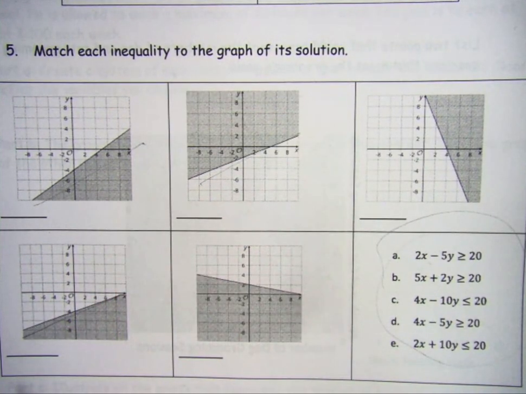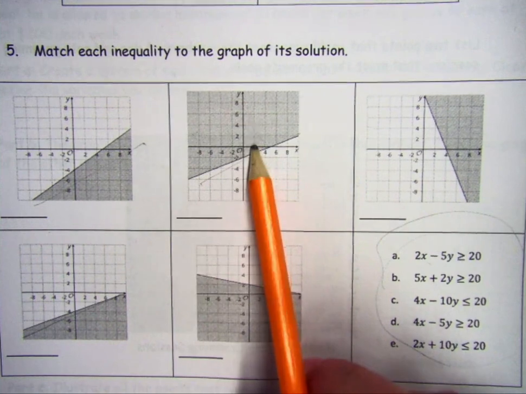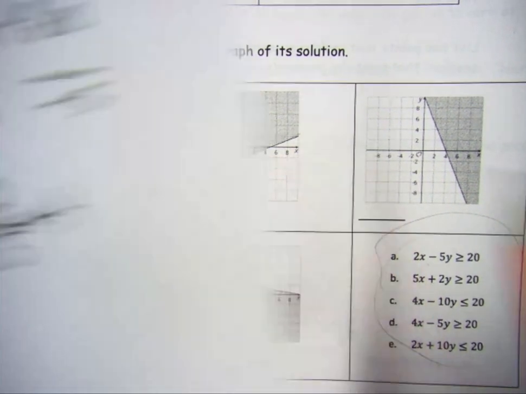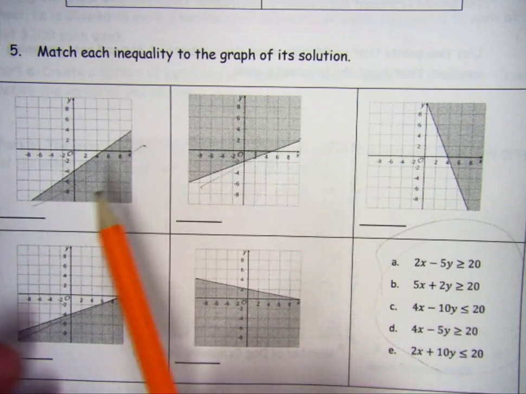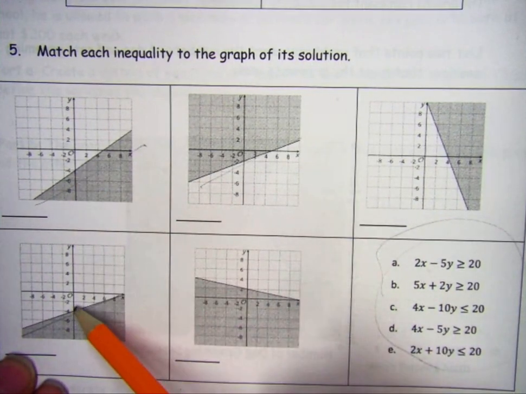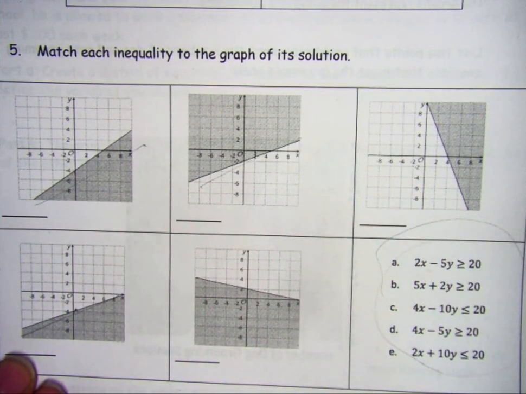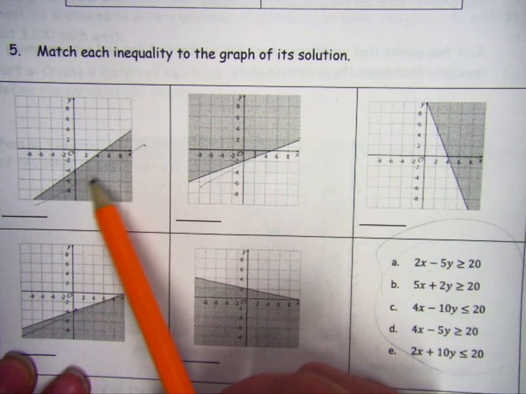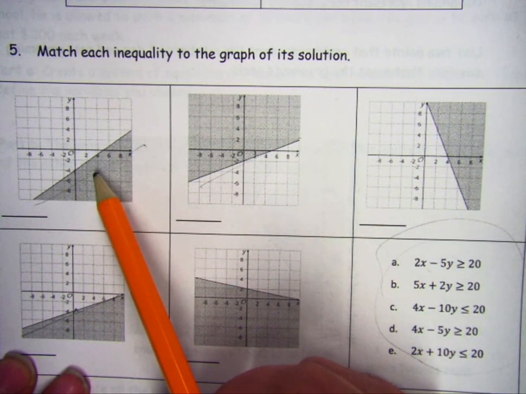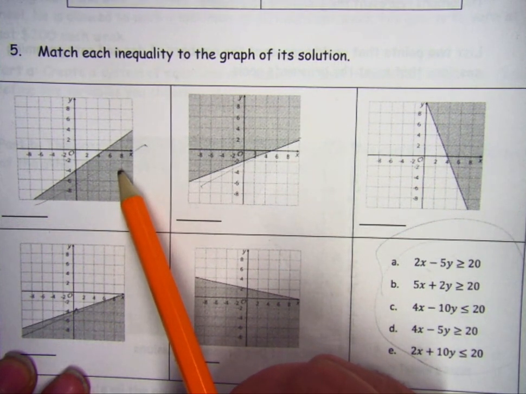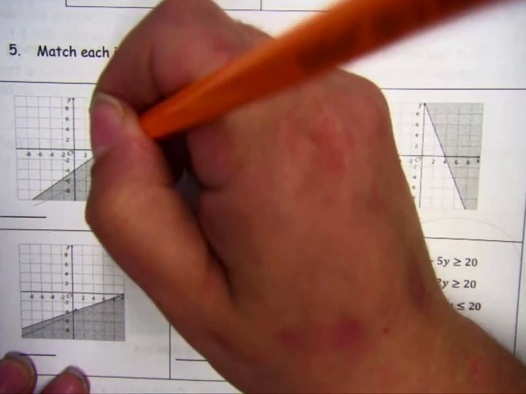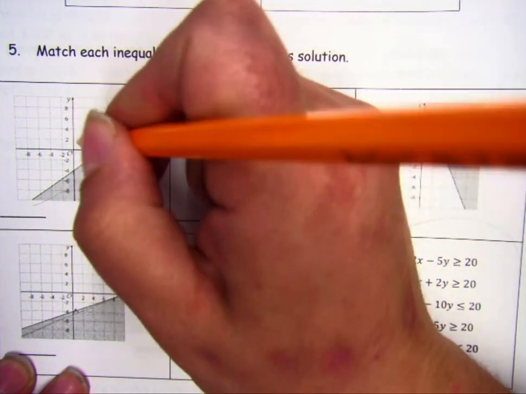Now, we know it can't be this one because if x is 0, y is negative 4. So it has to be either this one or this one. Okay, so let's take a look. Let me see where this line crosses again.